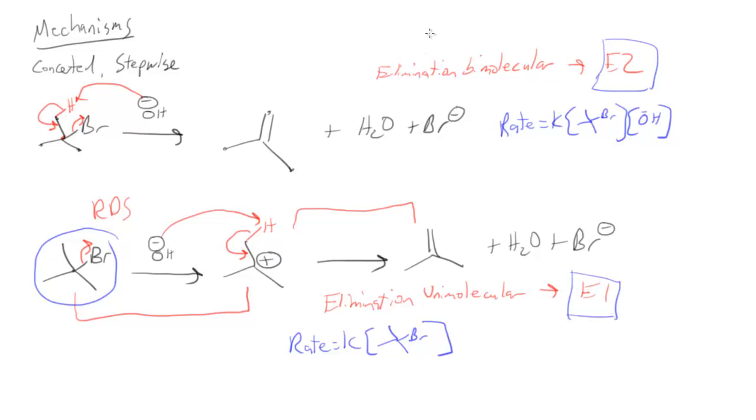In the E2, bond breaking and bond forming happen concerted. So E2 is concerted. E1 is stepwise. You can also draw reaction coordinate diagrams for each of these.